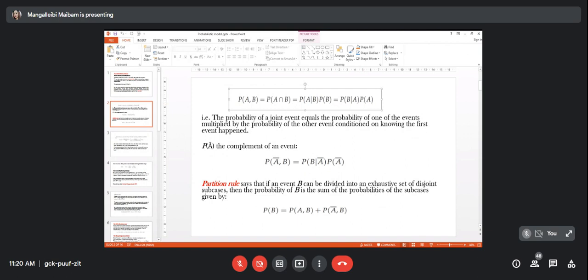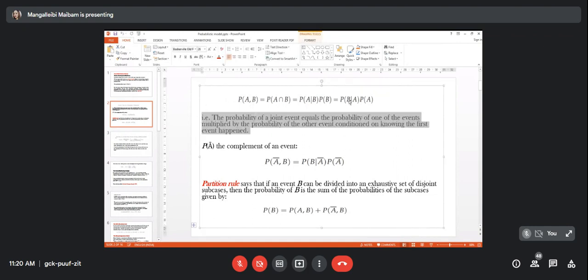The probability of a joint event is equal to the probability of one of the events multiplied by the probability of the other event conditioned on knowing the first event happened. In the conditional probability of B given A, the event A has already occurred.